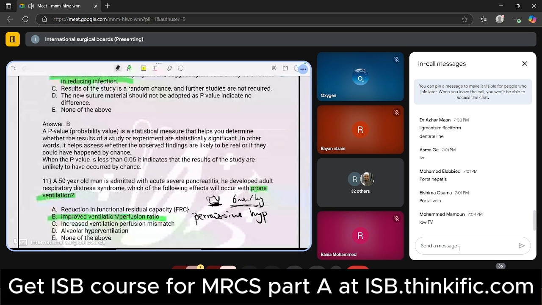It means that if you have low tidal volume ventilation, carbon dioxide level is going to go up. Naturally, CO2 level will go up, right?